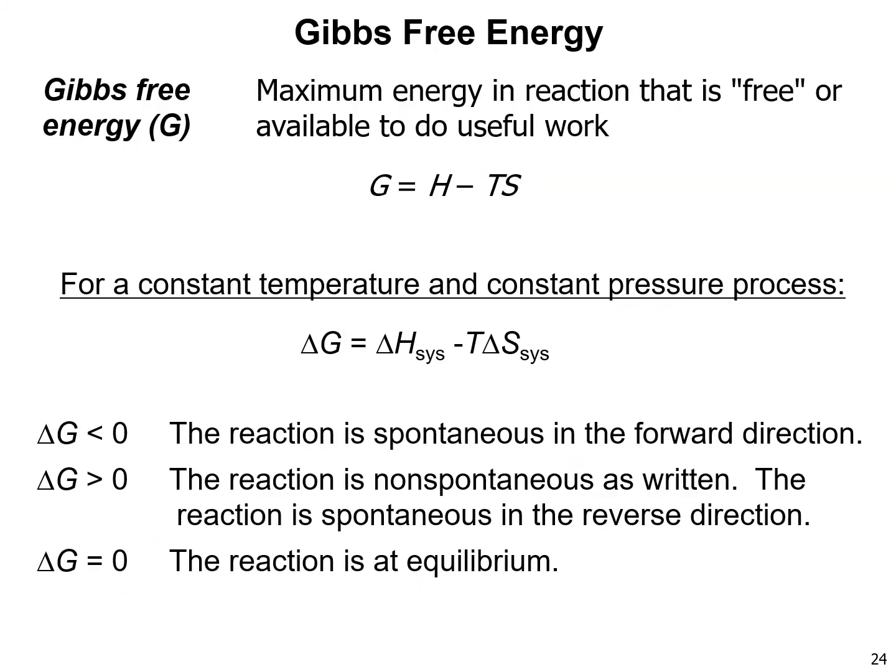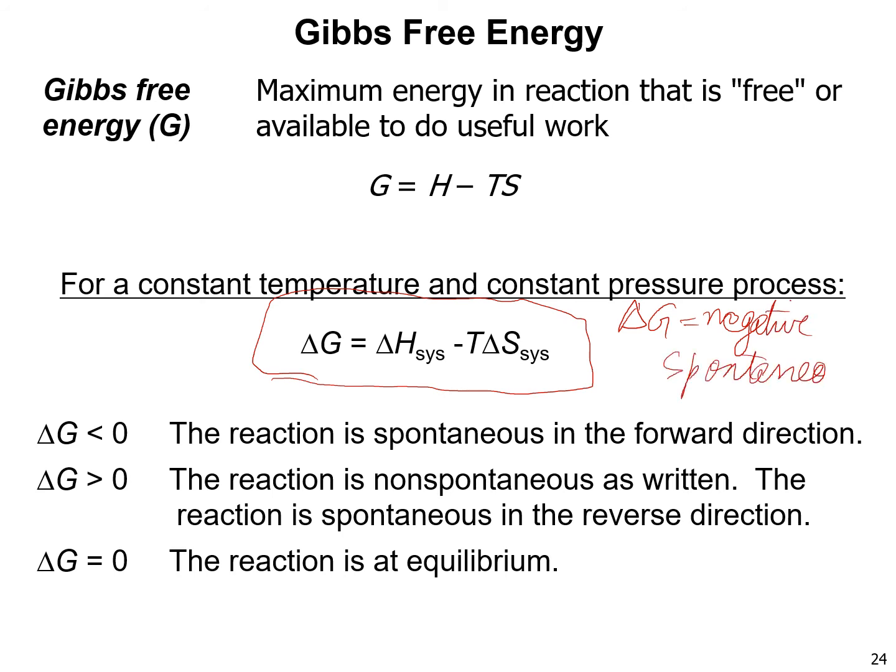So now you know, for a constant temperature and constant pressure, delta G equals delta H minus T delta S. Again, all these equations will be given to you in the exam. I don't expect you to memorize them. But the only thing I want you to memorize is that if delta G is a negative number, that means the reaction is spontaneous.